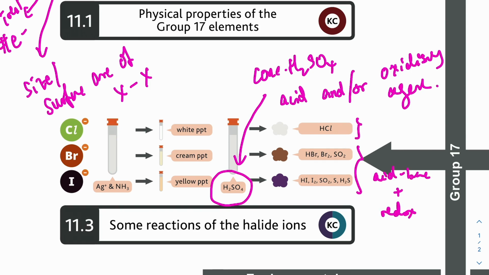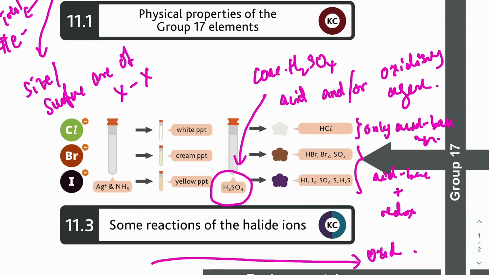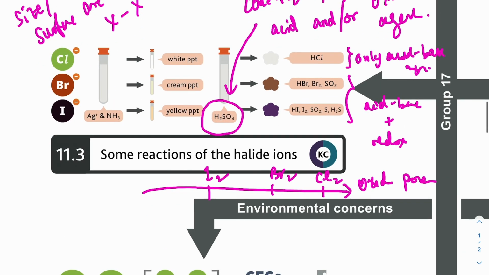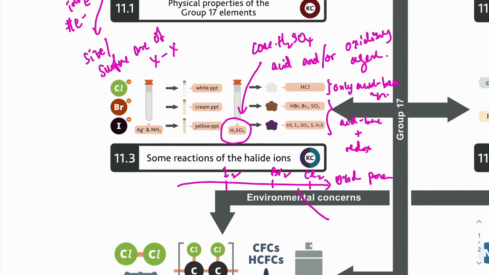Whereas for Cl-, you only get acid-base reaction, because we are looking at this scale of oxidizing power, where we have Cl2, Br2, I2, and where would your concentrated sulfuric acid lie? Your concentrated sulfuric acid lies in between there.